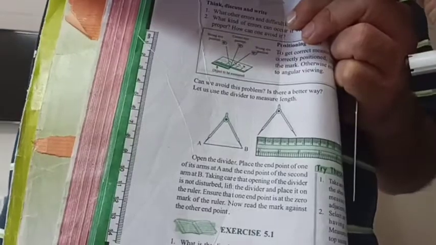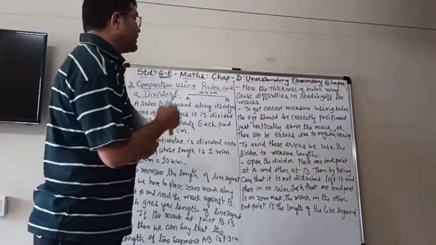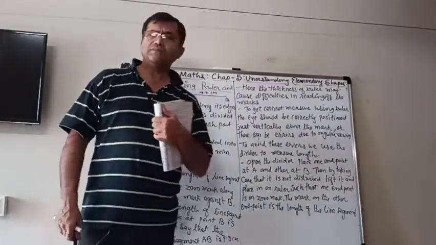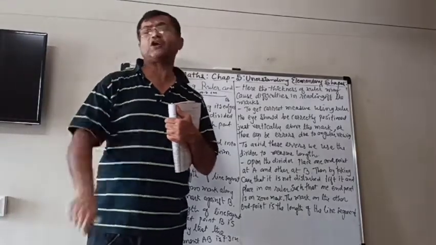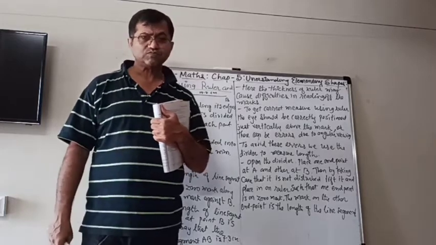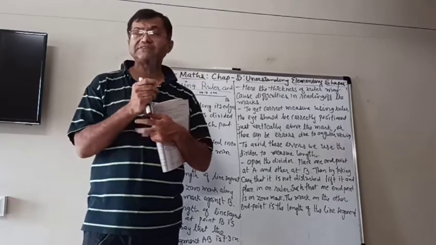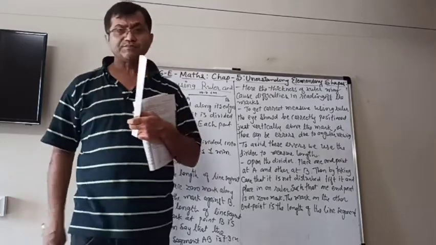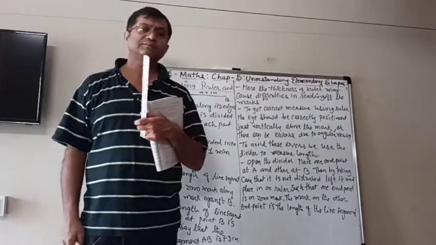If you look from a different angle, then there can be error in reading that mark. So there are difficulties and errors here also by using this ruler. There is not much error, but some minor errors can be there, so there cannot be exact measurement.